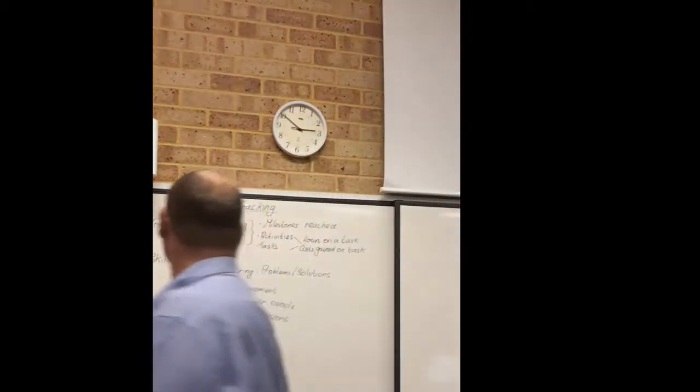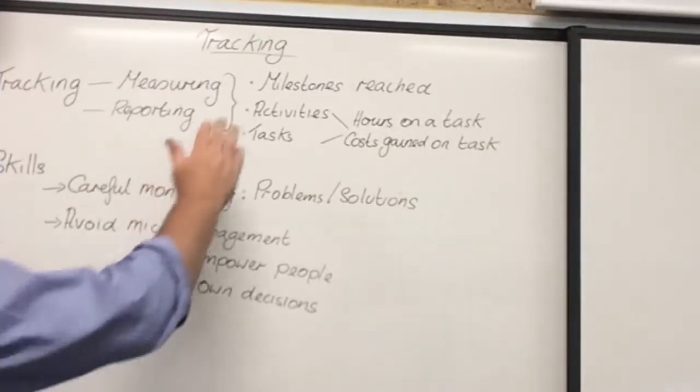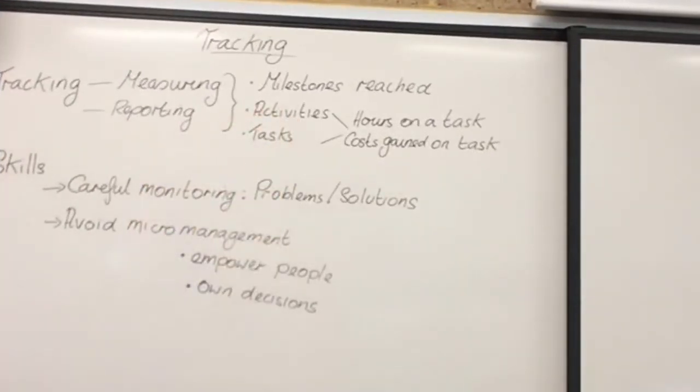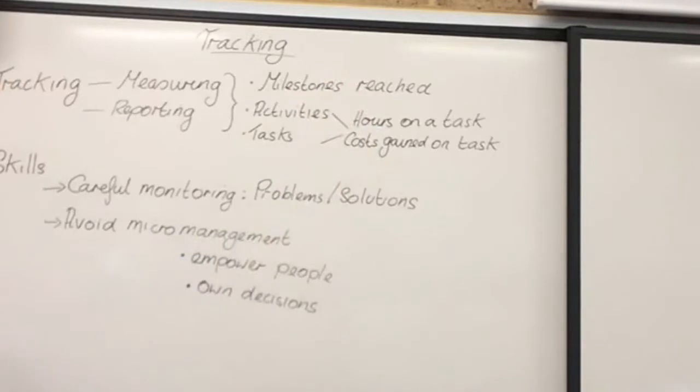But we can track more than that, and if we look at the board, I'll show you. We can look at tracking on activities and tasks. So in this case, we could track how many hours are spent on a particular task, or how much of the costings have gone on a particular task.